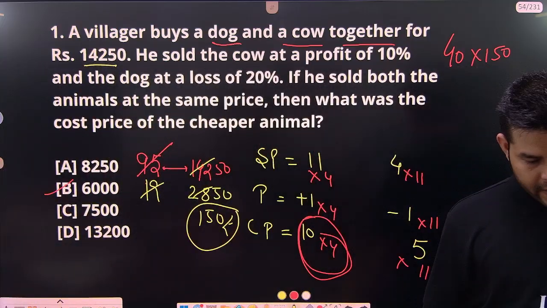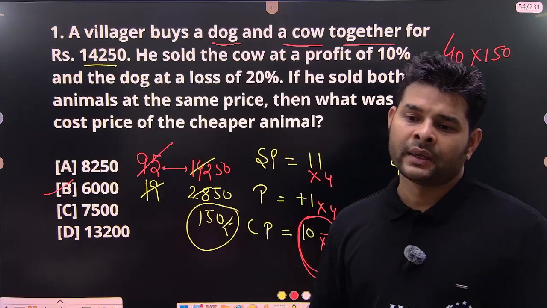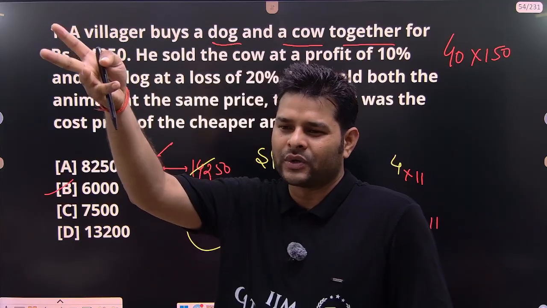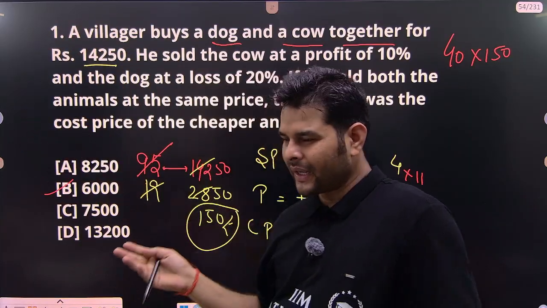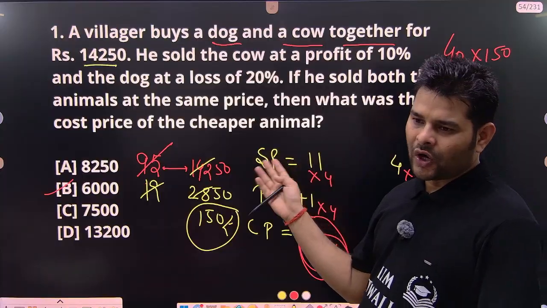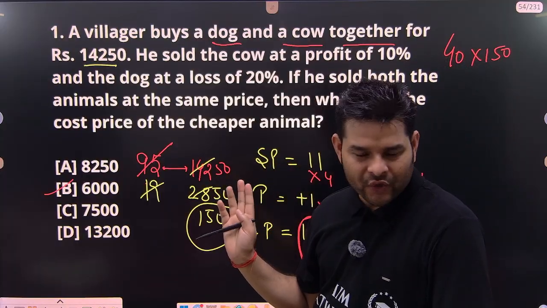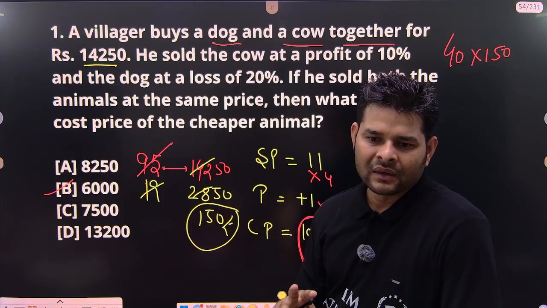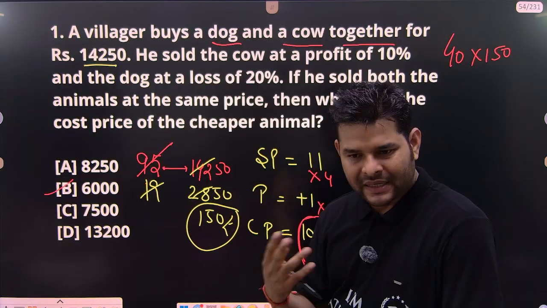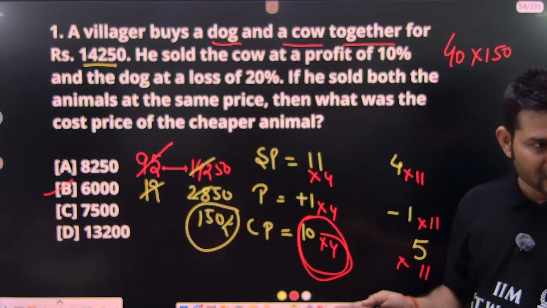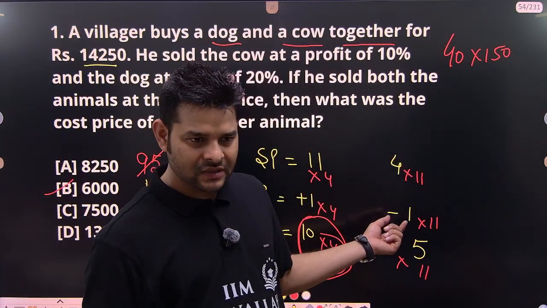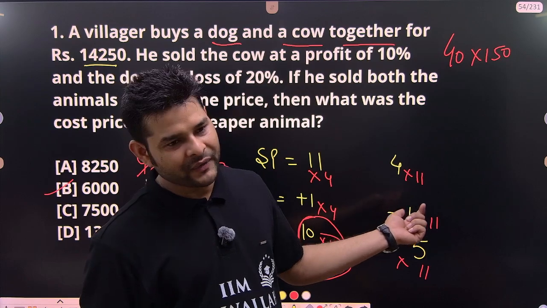So now take a pause. Next, in a different question, the examiner is going to give you a different condition. Over here, he is saying the selling price of both the articles is the same. Somewhere the examiner may say the cost price of both the articles is the same, so you need to make the cost price the same. Somewhere he says the profit is the same as the loss, so you need to equate profit and loss.